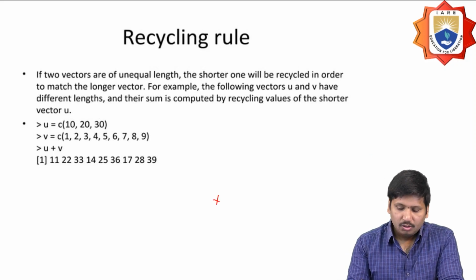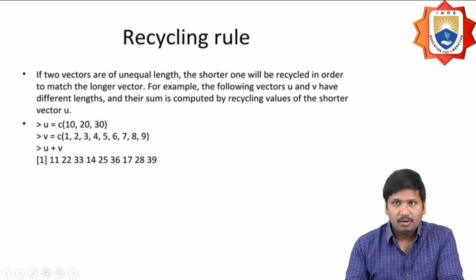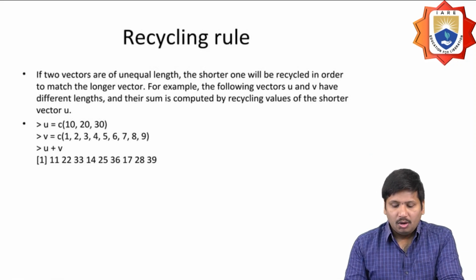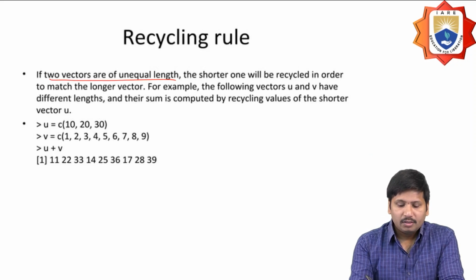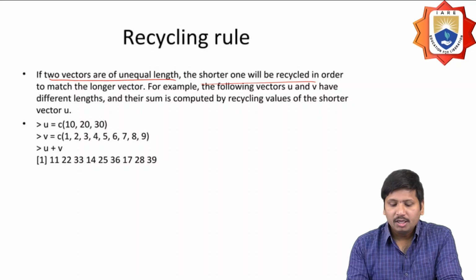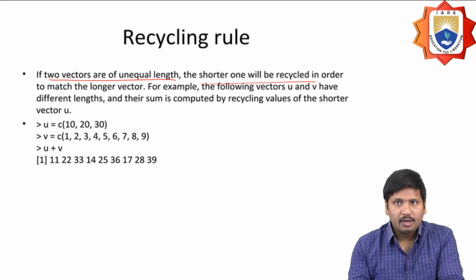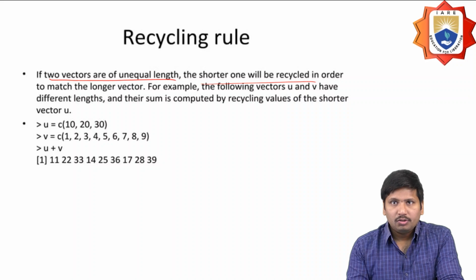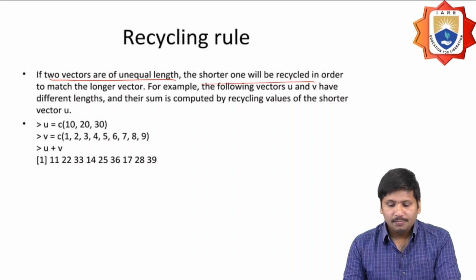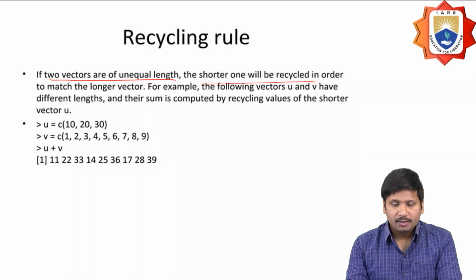Just now I said that if one vector is of the same length as the other vector, then only addition, subtraction and multiplication are possible. Now according to this recycling rule, if the two vectors are of unequal length, then the shorter one will be recycled in order to match the longer vector.